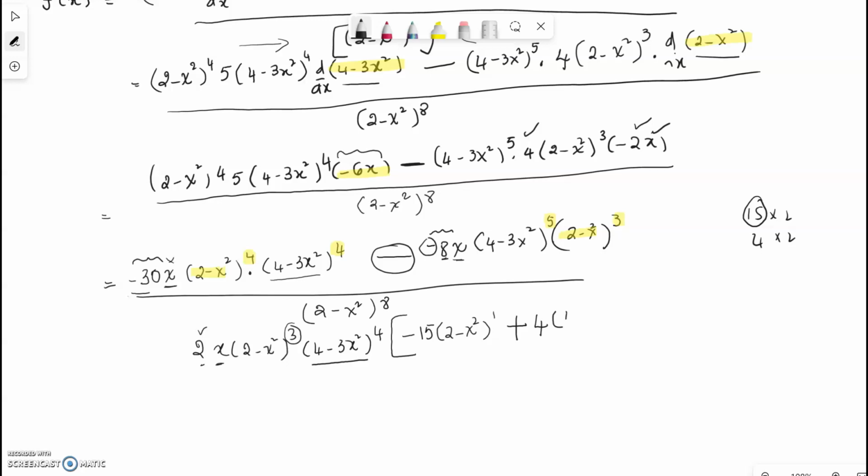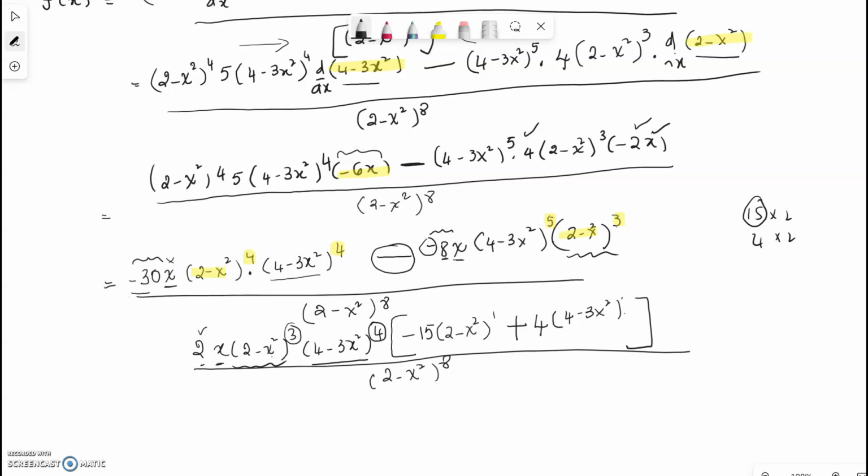We have 4 minus 3x squared to the 5th power. Out of the 5, the 4th power is already accounted for, so we are left with 4 minus 3x squared to the 1st power. 2 minus x squared, the whole cubed, is completely factored out. And then we have 2 minus x squared to the 8th power.